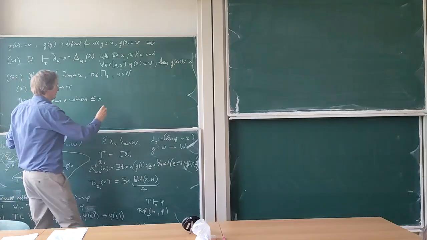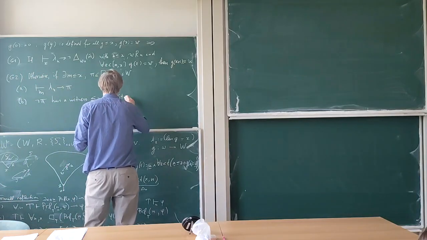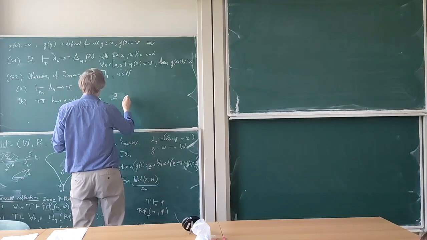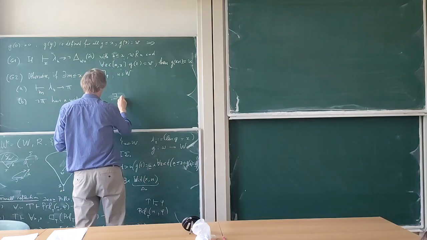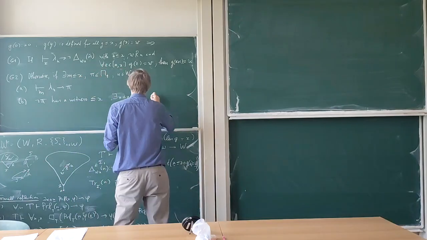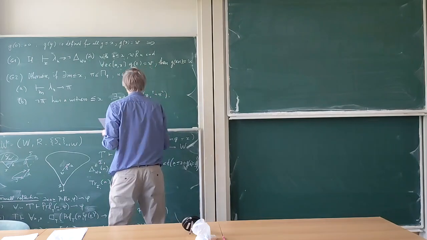In other words, there is a z less than x such that v of z equals not pi.